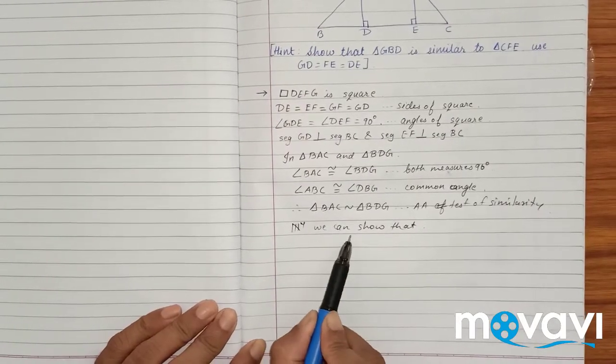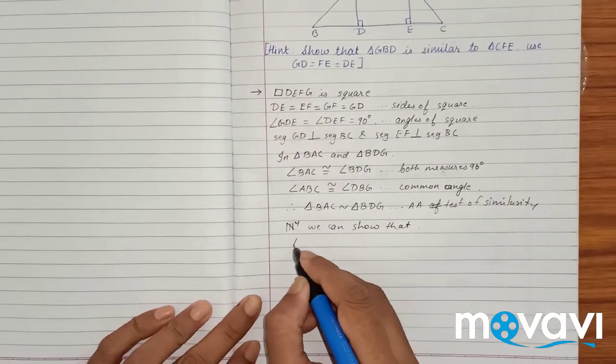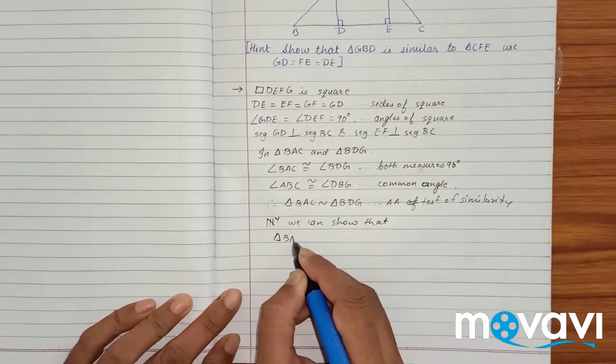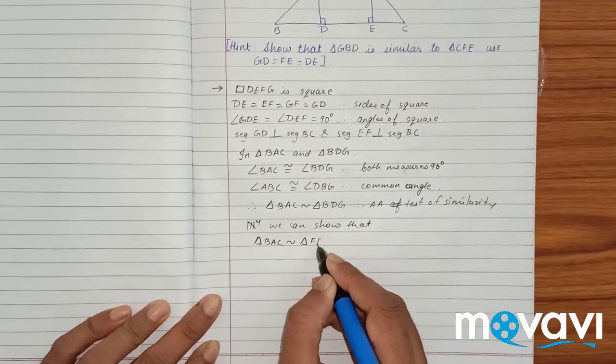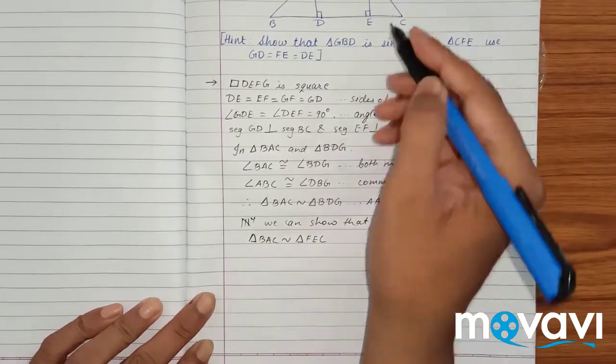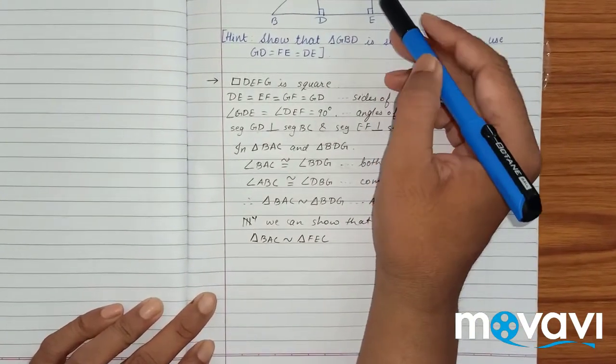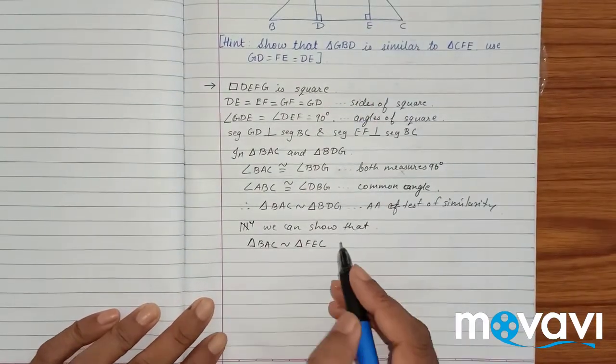Similarly, we can show that triangle BAC is similar to triangle FEC. So we can show it like this.